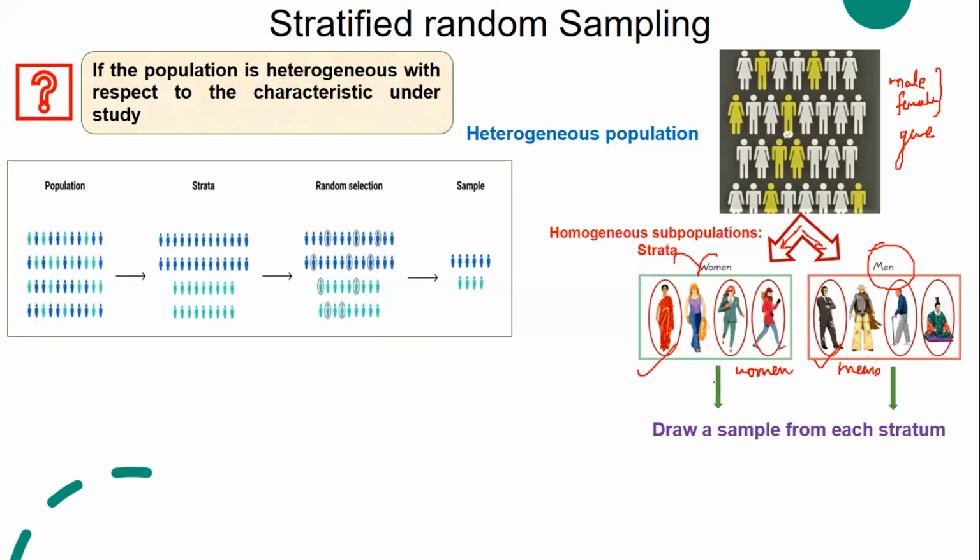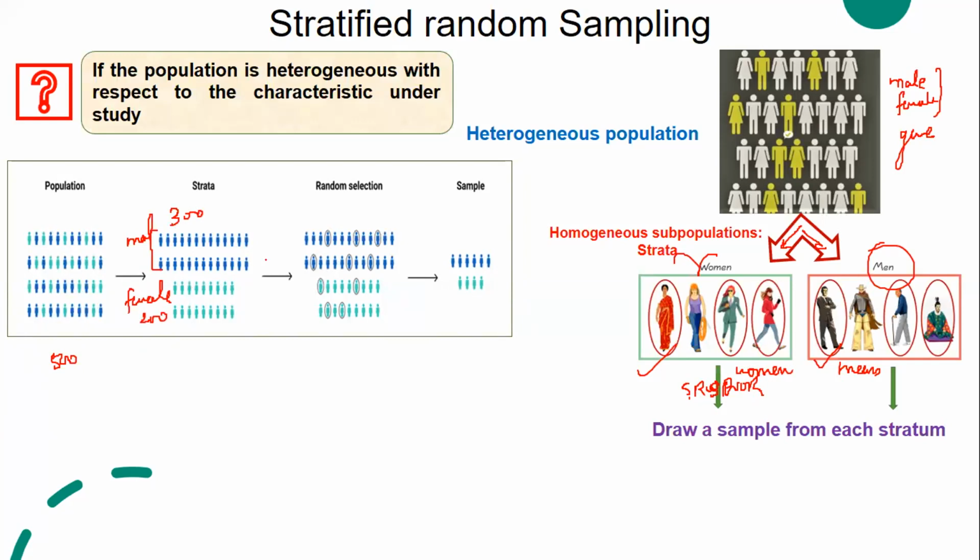And after making strata, we will select a simple random sample by using SRSWOR. So we will draw a sample from each stratum. Suppose for example, we have a population of size 500, and I have created two strata, male and female, say 300 male and 200 female.